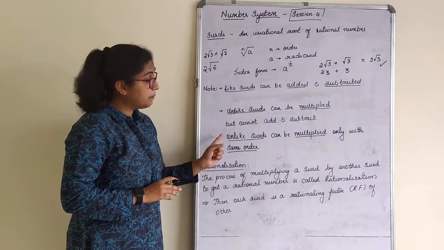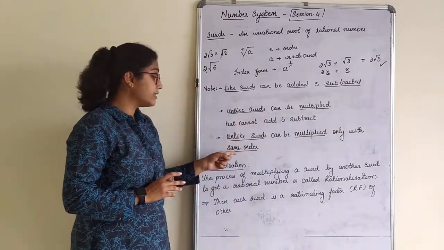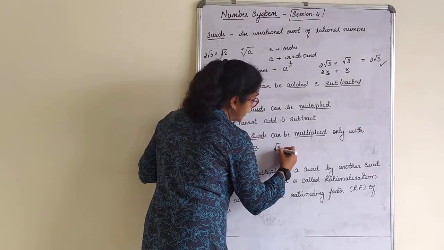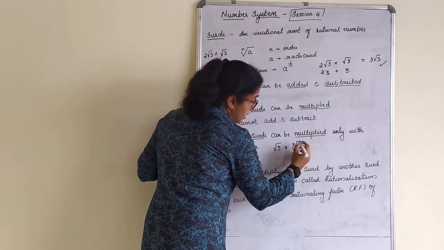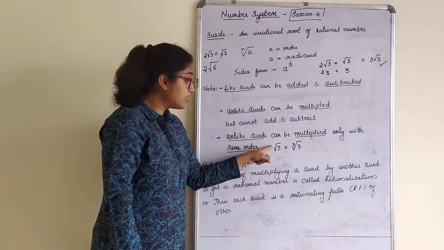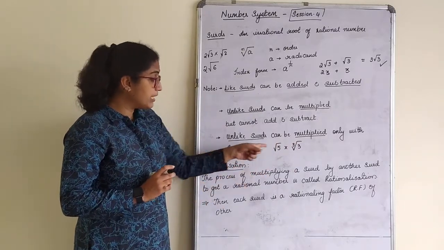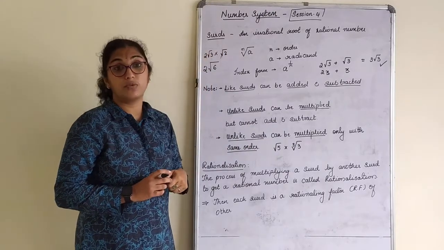Now, when you are multiplying unlike surds, they can be multiplied only with the same order. If I ask you root 5 into cube root 3, I can't say 5 threes are 15. Why? The orders are different. So we can multiply them only if they have the same order. See here, this is a square root, this is also a square root.